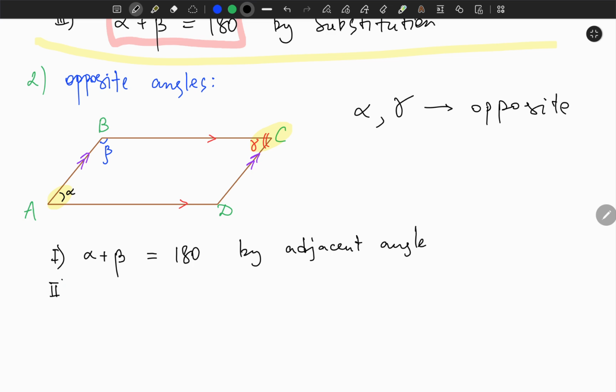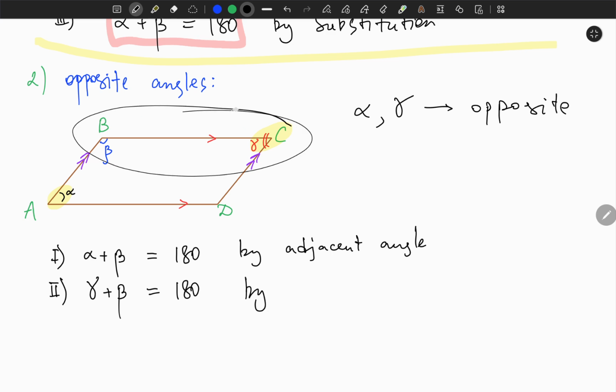Now for the second, gamma plus beta, because of the commutative property you can switch the places, is equal to 180 degrees by the adjacent angle property.